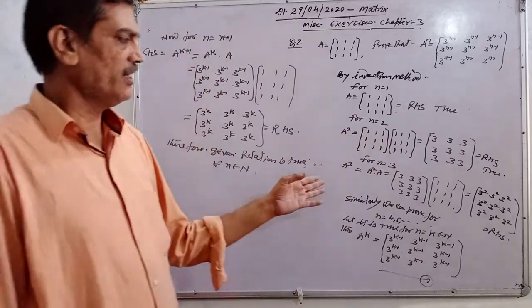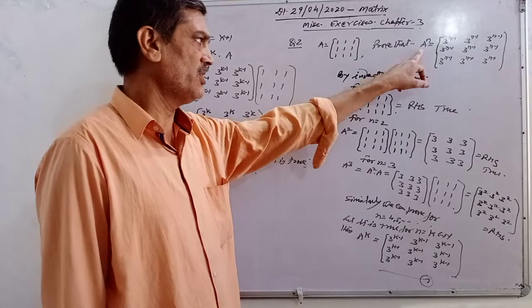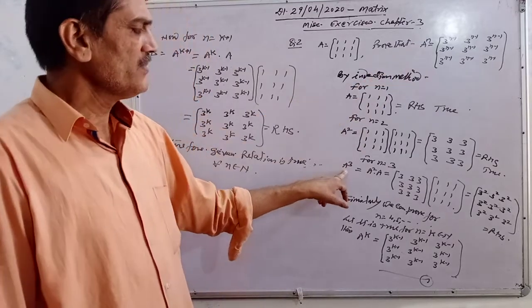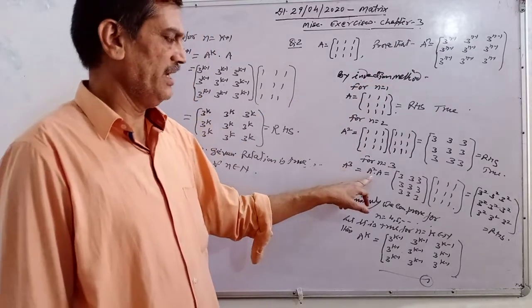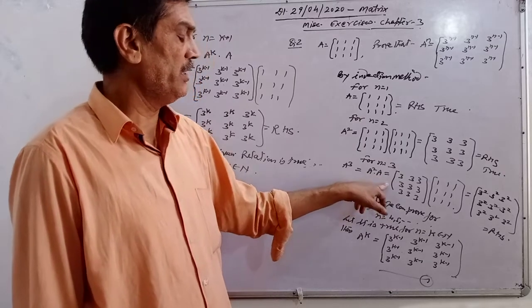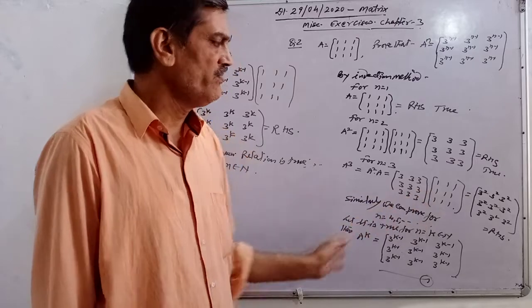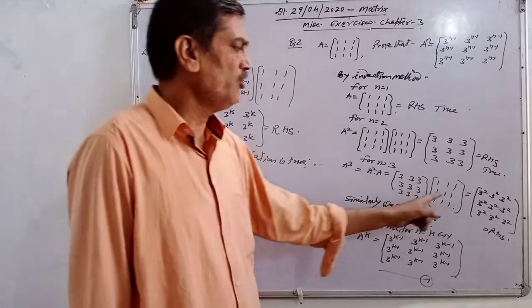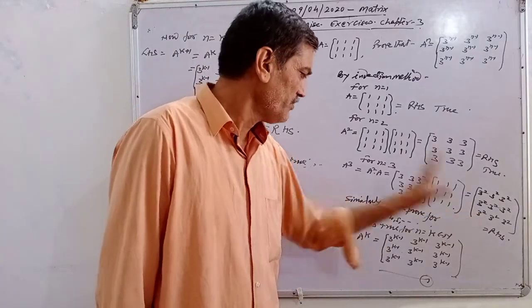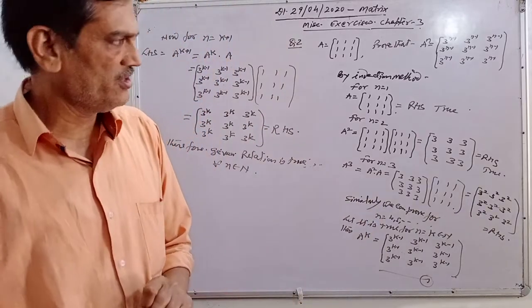Now for n is equal to 3, putting on the left side, you get A cube, that is A square into A, putting the value you have just determined here, and into A. When you multiply, you will get this result. So this is the value of the left side.